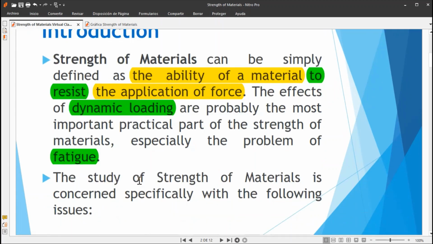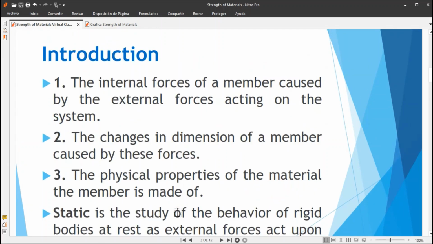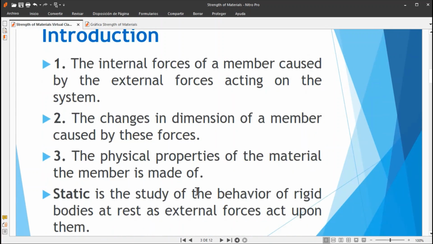Those would be the main concepts of the strength of materials in general. It says the study of the strength of materials is concerned specifically with the following issues. So we have three different perspectives. It says the internal forces of a member caused by the external forces acting on the member.